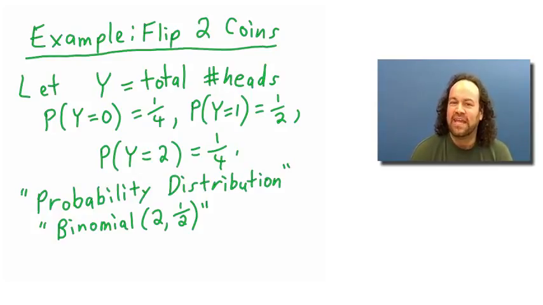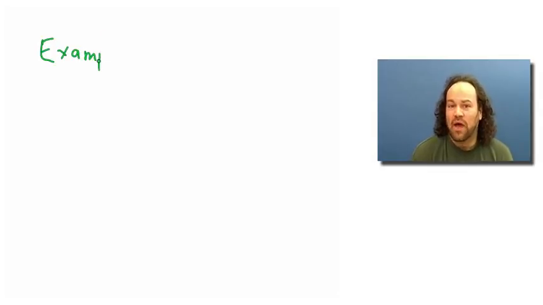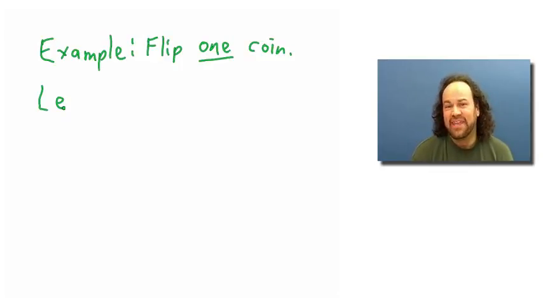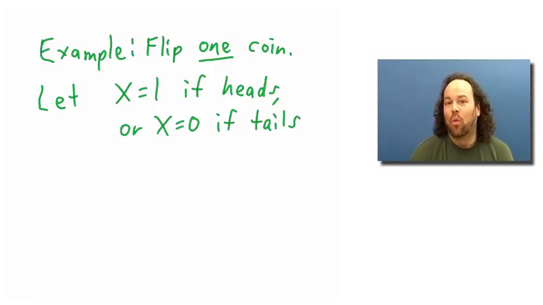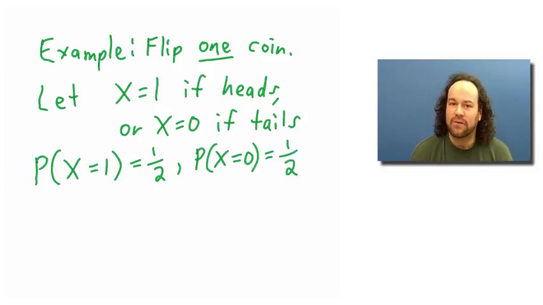It means we did 2 experiments. In this case, we flipped the coin twice. And the probability of success, or a head, each time was equal to a half. For something even simpler, if we flip just one coin and let x be the number of heads, or we could say it's just 1 if it's a head or it's equal to 0 if it's a tail, then we can say, well, the probability that x equals 1, that's the probability we got a head, so that equals a half, and the probability x equals 0 is also a half.